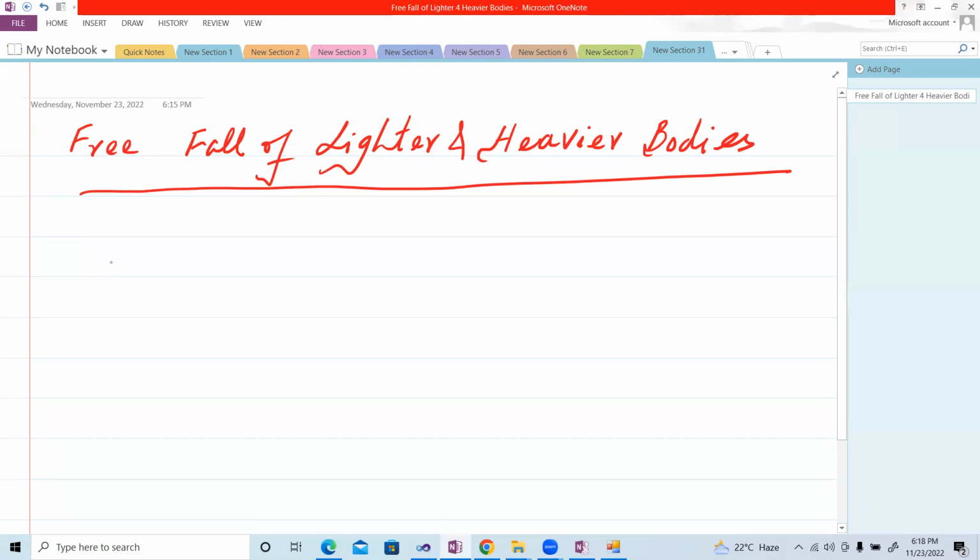Number one, the gravitational force between the two masses is directly proportional to the product of the masses, right? And the second proportionality is that the gravitational force is inversely proportional to the square of the distance between the masses of the two bodies, right?